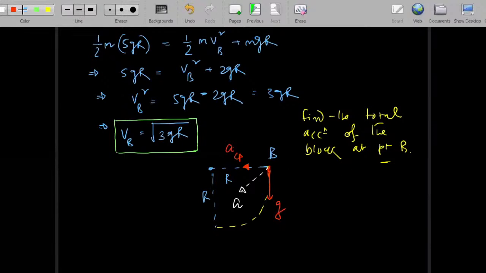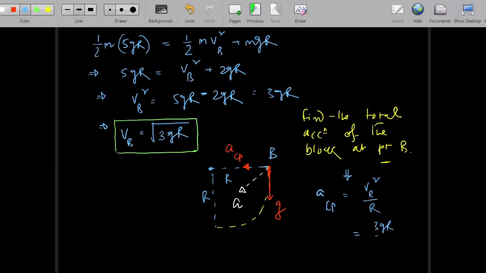ठीक है सर. Okay. So now you see here, next is A centripetal at point B I can calculate. How? A centripetal at point B is equal to VB square by R. How much is VB square?